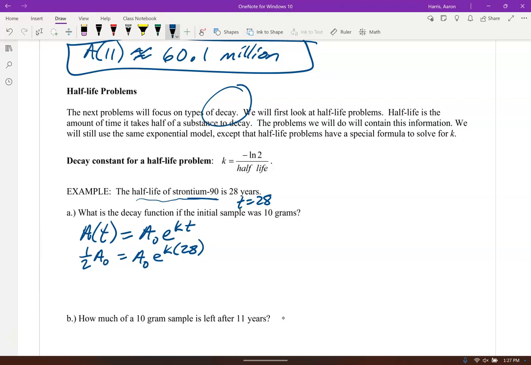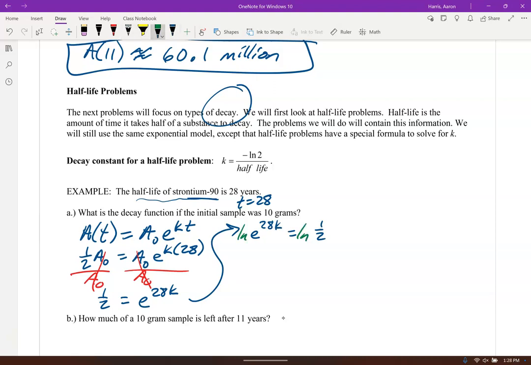That's the half-life for strontium-90. Okay, so what I'm going to do is we're going to divide both sides by A sub 0. So I have a half equals e to the 28k. So e to the 28k equals a half. I take the natural log on both sides to undo e. So I have 28k equals, and remember ln of 1 over 2 is the ln of 1 minus the ln of 2. And the natural log of 1 is 0.